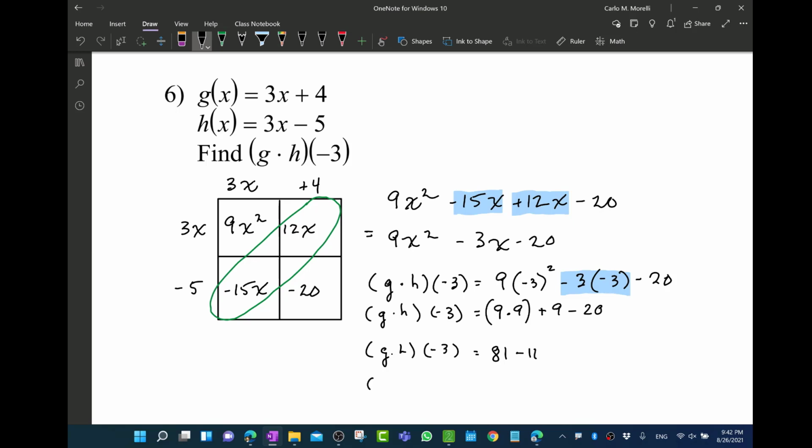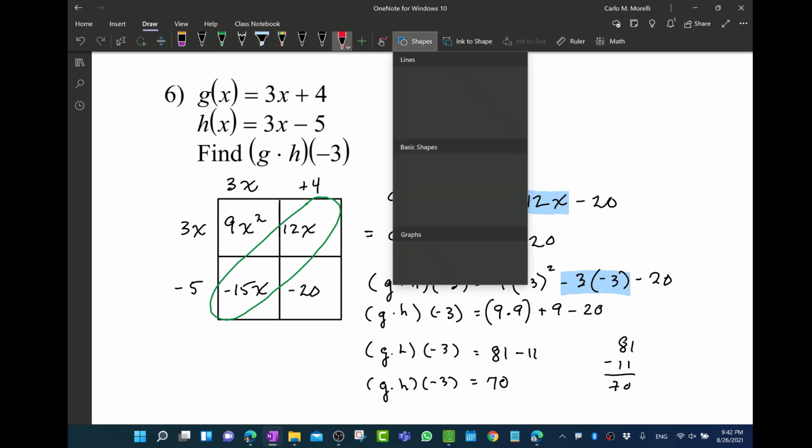So final step. G times h of negative 3 is equal to 81 minus 11. So 81 minus 11. 1 minus 1 is 0. 8 minus 1 is 7. So equals 70.